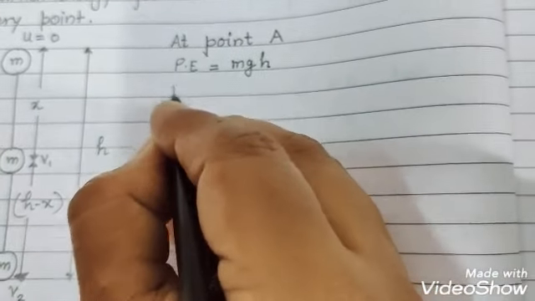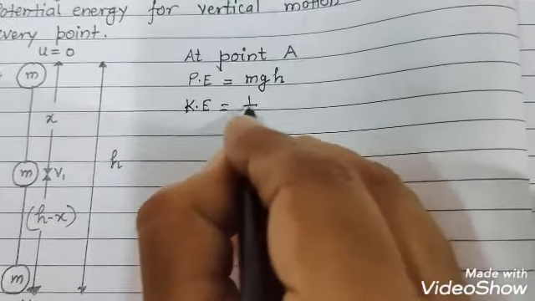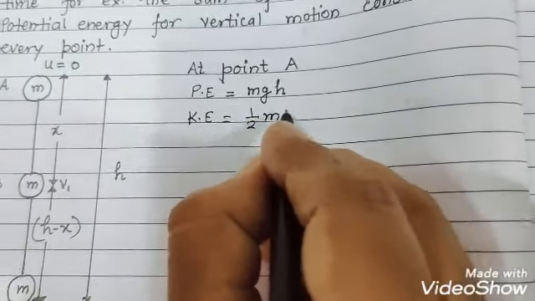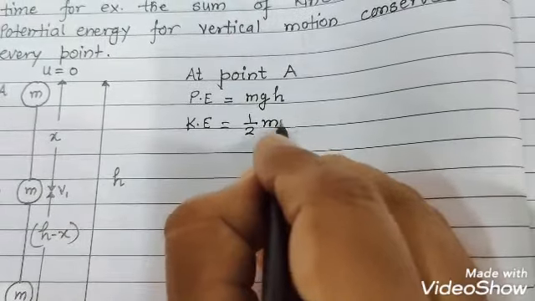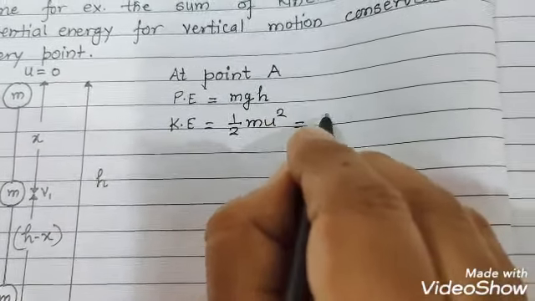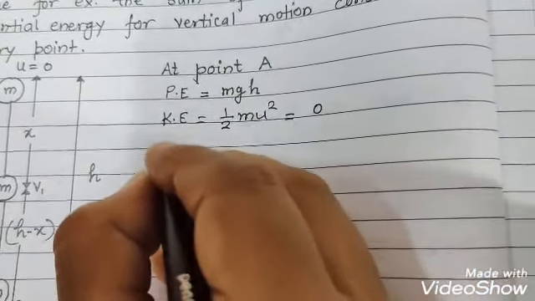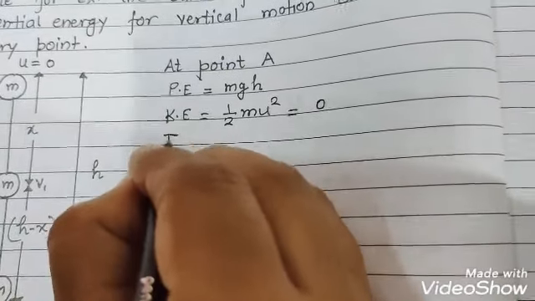Now kinetic energy we'll see. As we know, the formula for the kinetic energy is half m v square, but this time the velocity is u square and u is equal to 0, so the kinetic energy will become 0 here. Then we'll see the total energy.